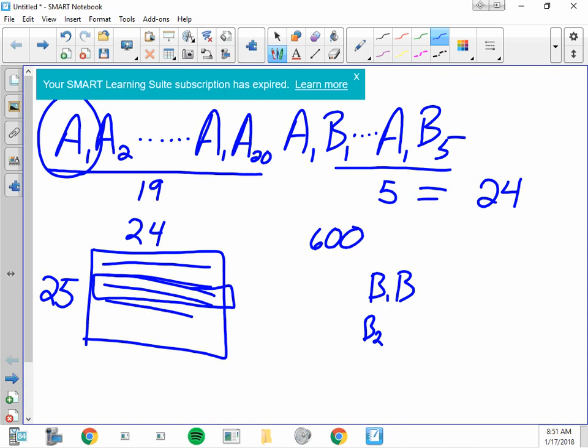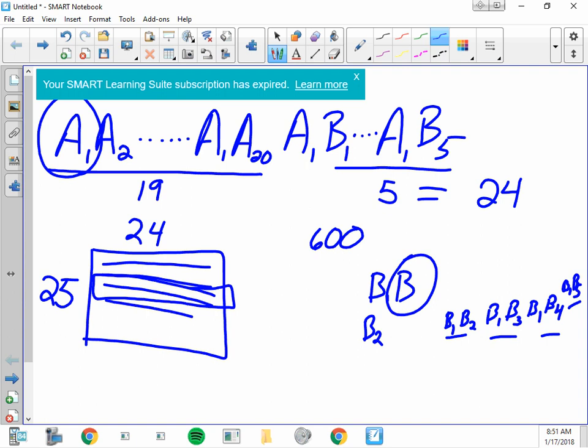Okay. Inside each one of those rows, how many of them also have a B? So we would get B1, B2, B1, B3, B1, B4, and B1, B5. So 1, 2, 3, 4. So there are 4 ways to do B1 with a B after it.